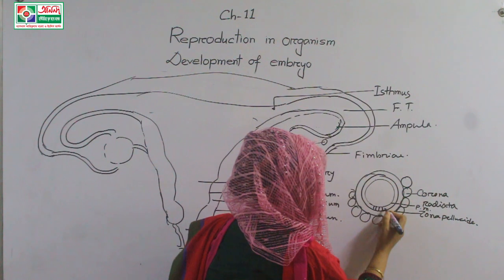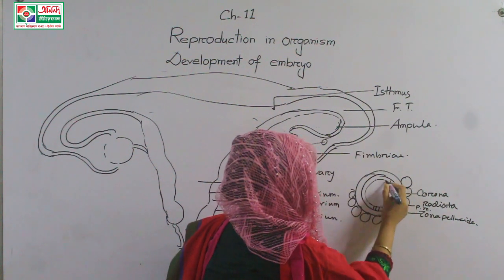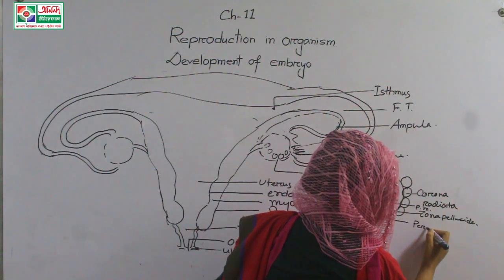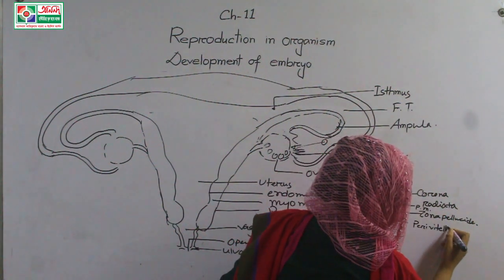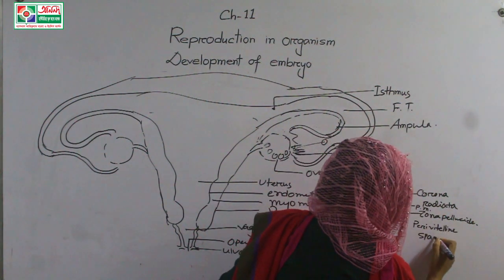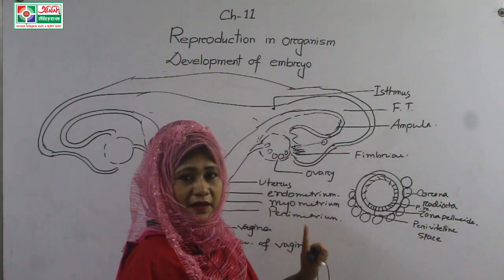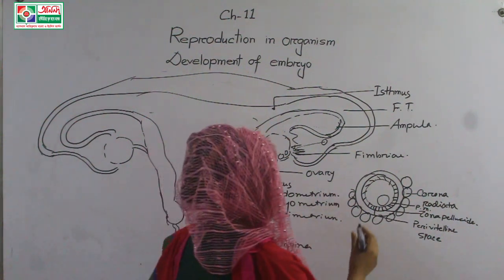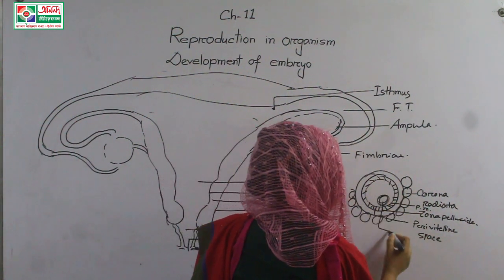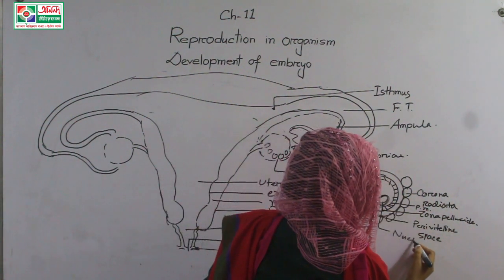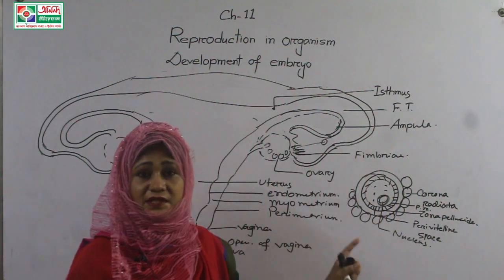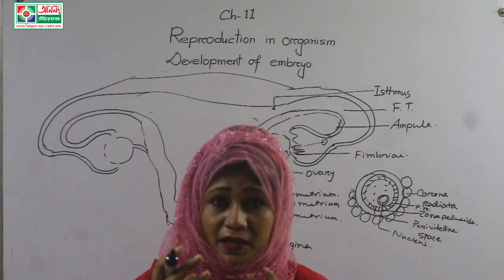And here is the nucleus of the secondary oocyte, and this is the cytoplasm. This is the structure of the secondary oocyte.